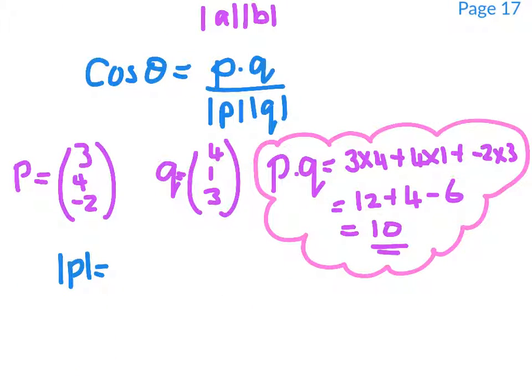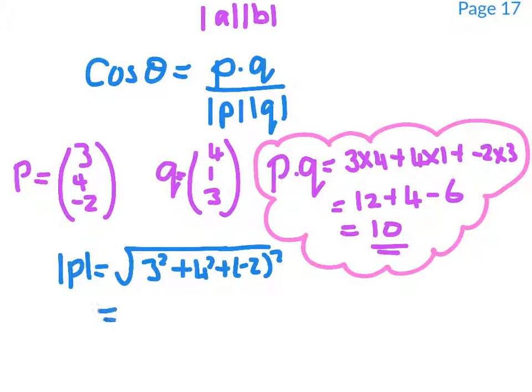So the magnitude of P is given by the square root of 3 squared plus 4 squared plus negative 2 squared, which is 9 plus 16 plus 4, which is root 29.